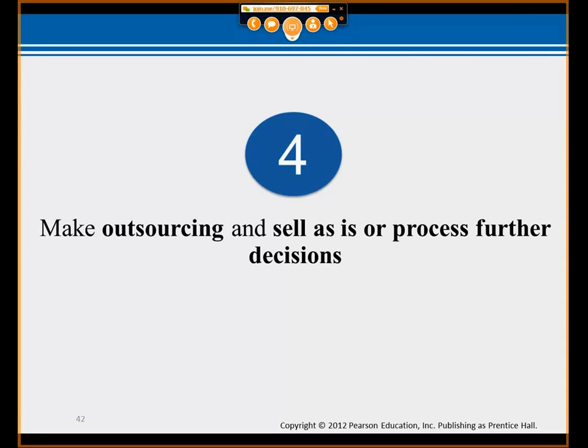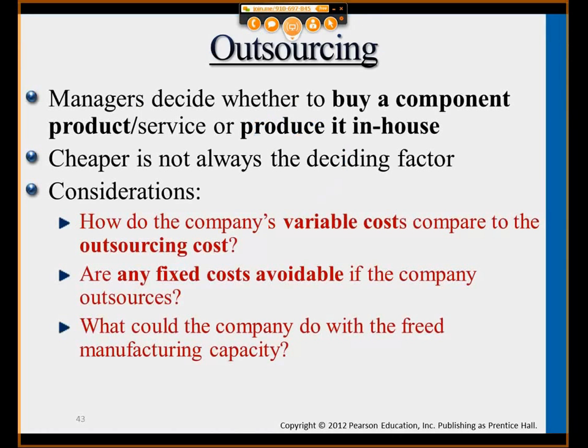We want to learn how to make outsourcing and sell as is or process further decisions. So managers often make or buy decisions, and those decisions are called outsourcing decisions.